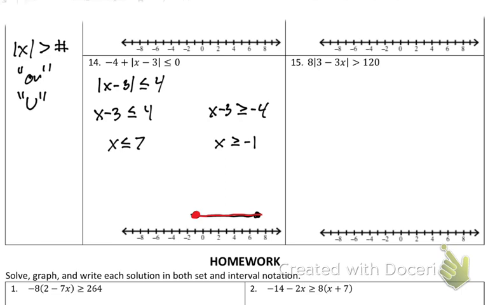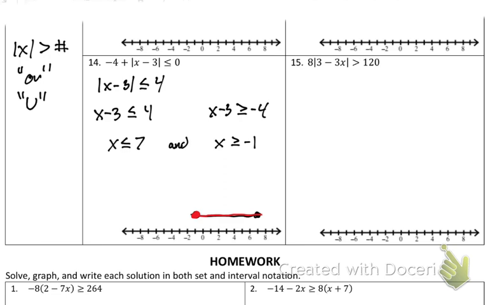So this tells us that x needs to be less than or equal to 7, and x is greater than or equal to negative 1. This is known as an and statement. x has to be between 7 and negative 1. If you picture, let's say, 9, 9 is bigger than or equal to negative 1, but it's not less than or equal to 7.